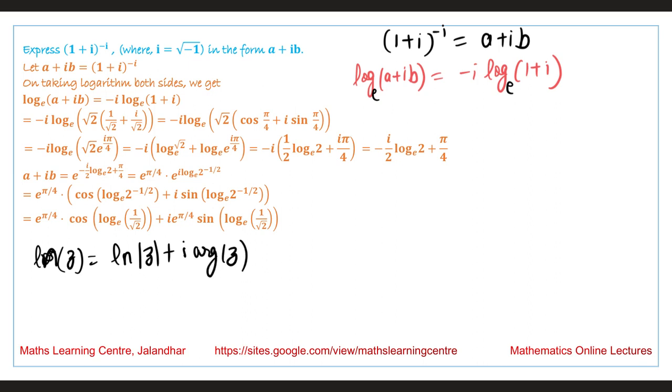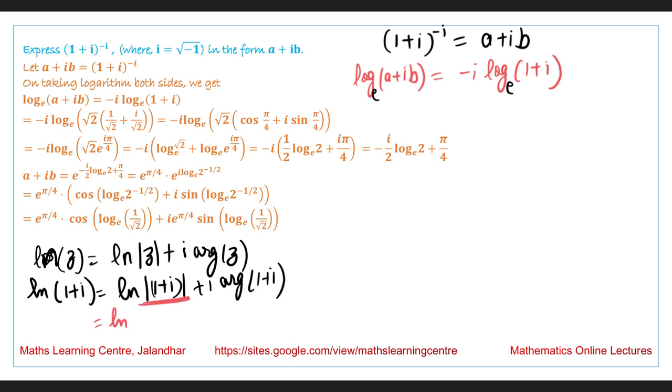Now the number we are talking about is ln of 1 plus iota. That will be equal to log of mod of 1 plus iota, plus iota into the argument of 1 plus iota. So the answer we get is log of, what is the mod of this term? It is square root of 1 square plus 1 square, which is square root 2.